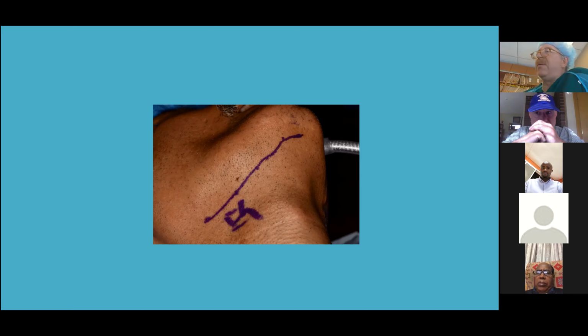You can use immunofluorescence studies to help pinpoint it as well. But biopsy is usually essential. It's often a medical entity that the physicians sometimes have a hard time diagnosing. And sometimes we're the ones that make the diagnosis for them, and dermatologists.